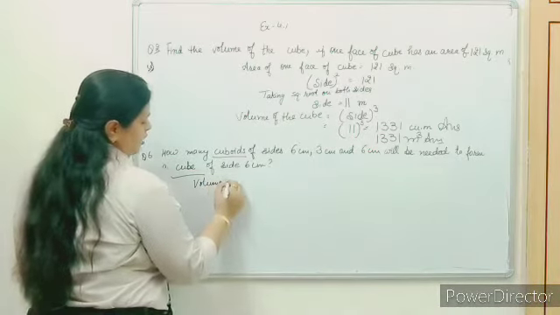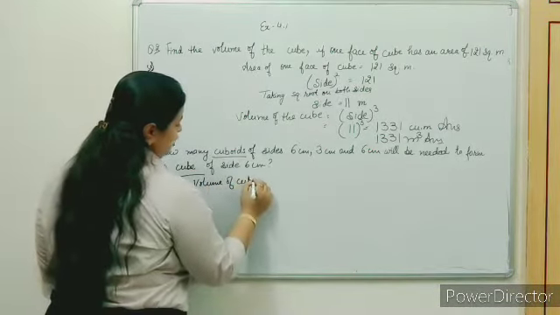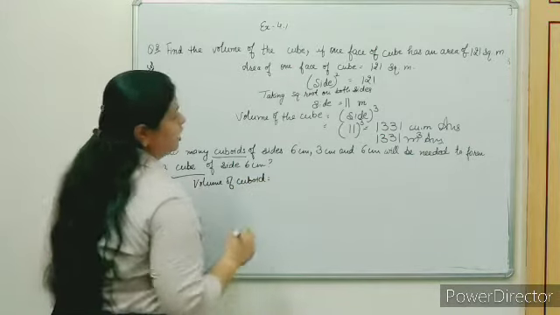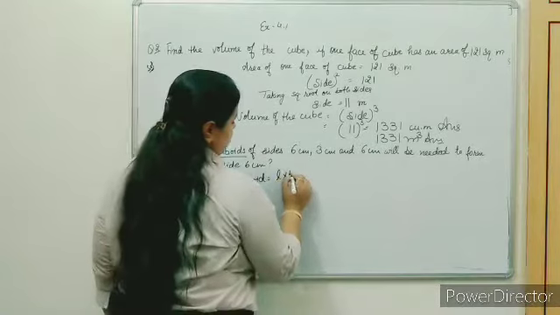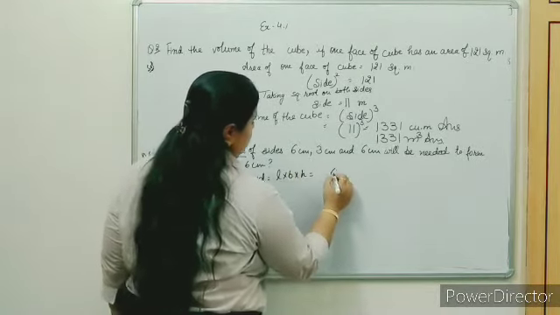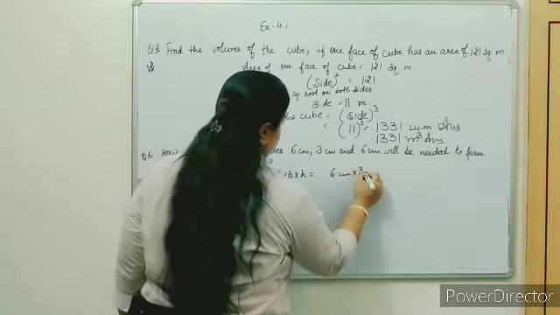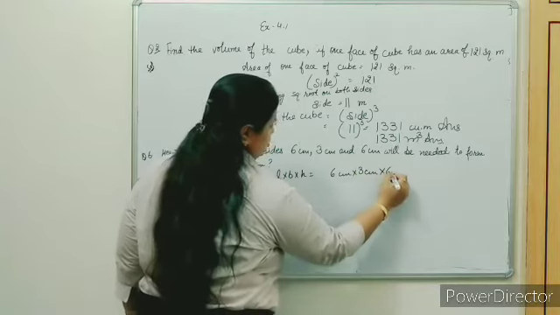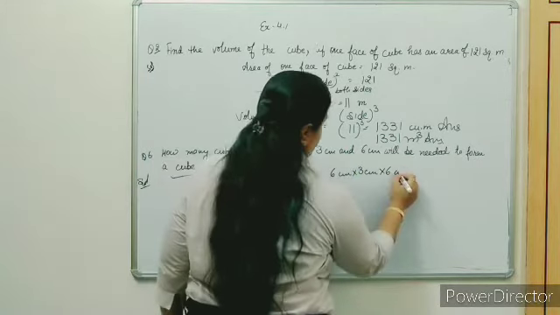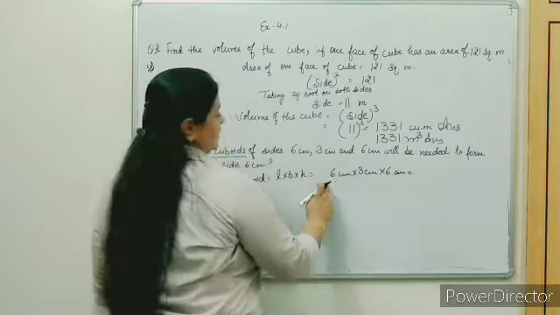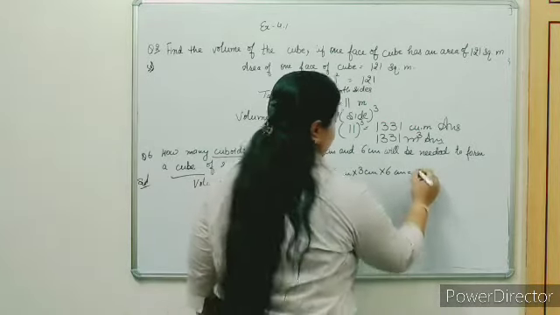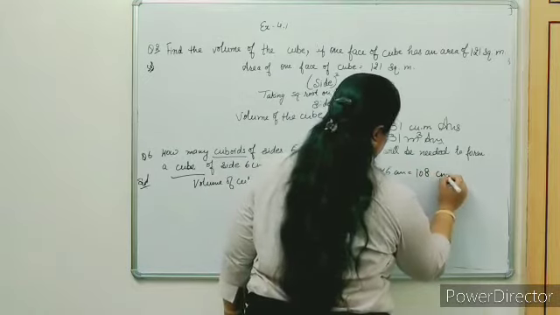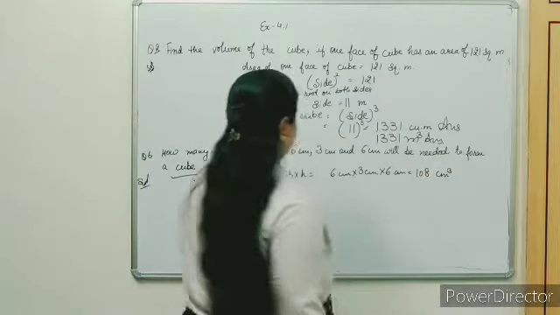So solution will be: volume of cuboid, which is length into breadth into height. 6 centimeter into 3 centimeter into 6 centimeter. 6 3s are 18, and it is 108 centimeter cube.